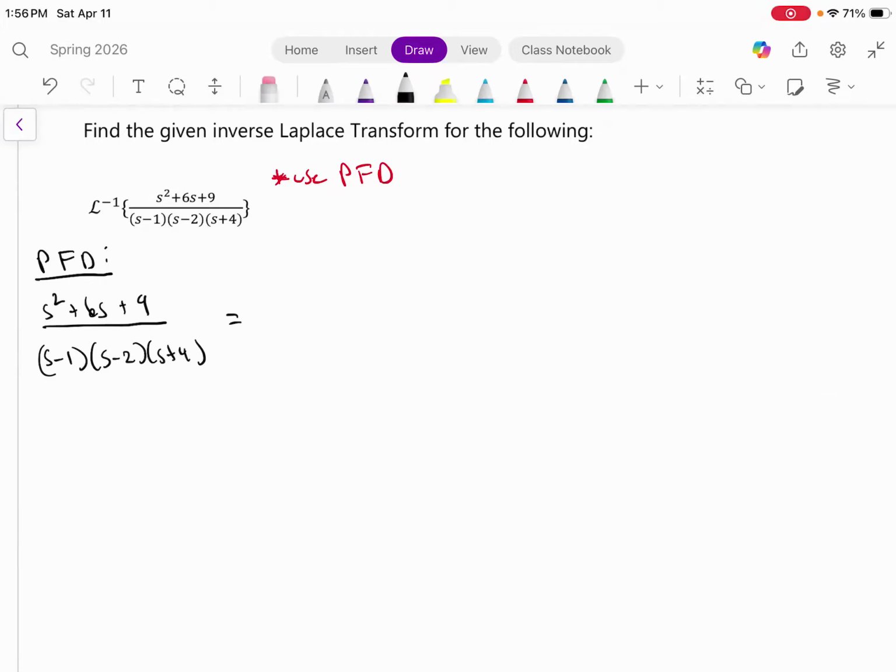We would say it's A over s minus 1, plus B over s minus 2, plus C over s plus 4.